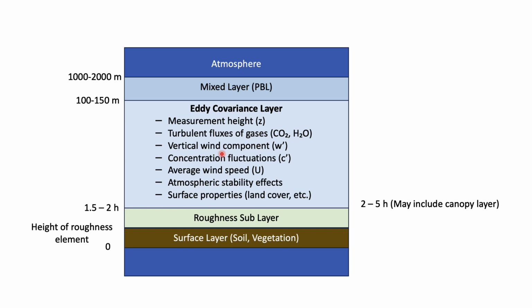We use the vertical wind component, concentration fluctuations, and all those parameters given here. Anything above 150 meters to 1000 meters is called the mixed layer, and above that is the atmosphere. So the eddy covariance layer is roughly 2 times the height of the roughness element to 150 meters.